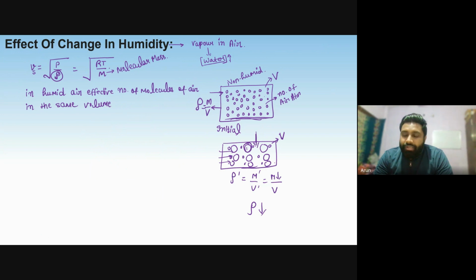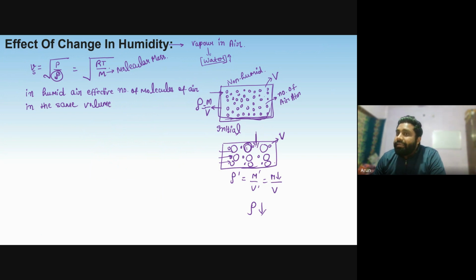Clear? Because the number of atoms of air effectively will decrease, because most of the air atoms will be replaced by the H2O atoms in the same volume. I am not saying that the air atoms have disappeared. No, but we have added extra atoms of H2O, so the volume has become much bigger. But if we are strict to that confined volume that we have taken in the previous case, then the number of atoms is reduced.